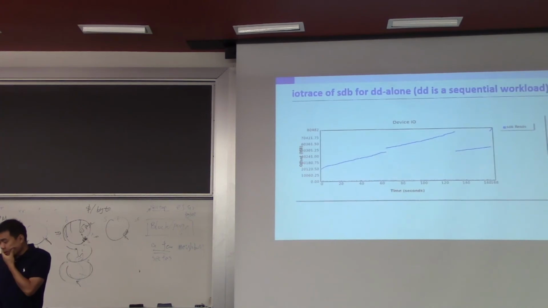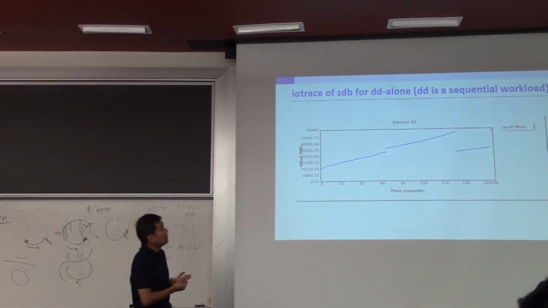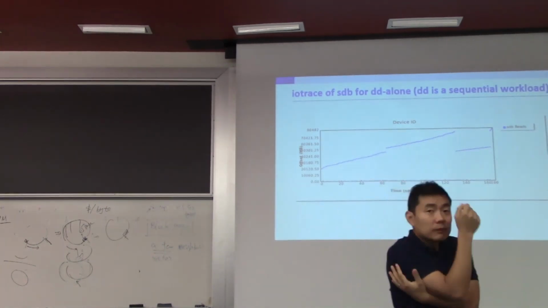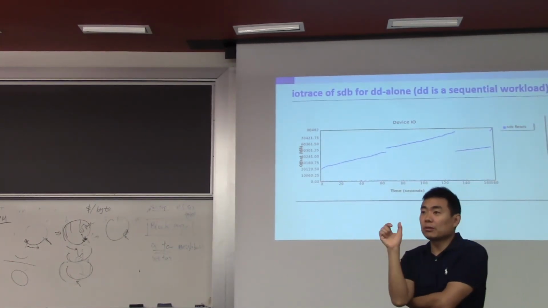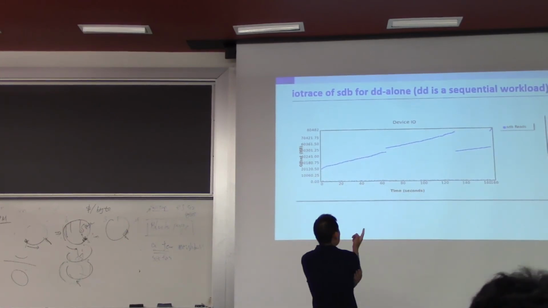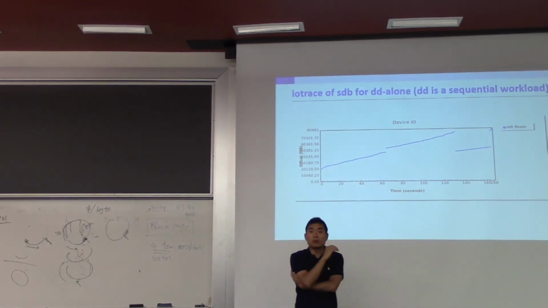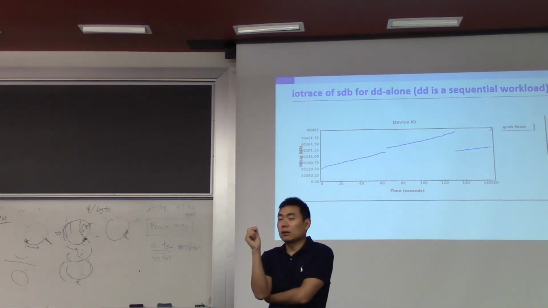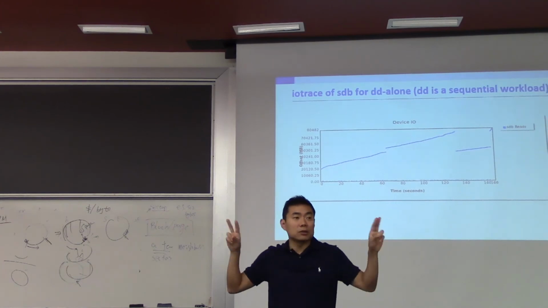Now I want to show you some experiments we did. Once you understand what's going on here, let's highlight the difference between sequential access and random access. In this case, I'm doing an experiment using a sequential workload, meaning I'm reading block after block following this concept of next I just mentioned.